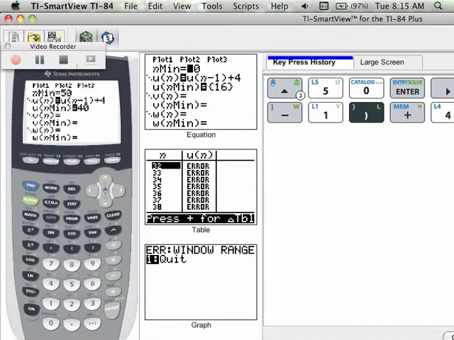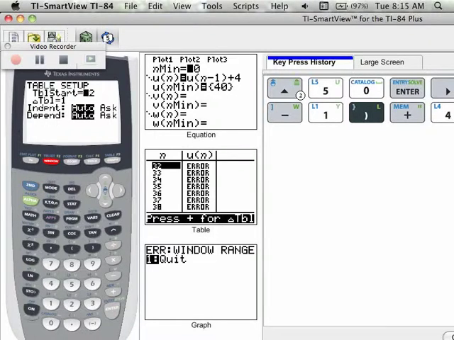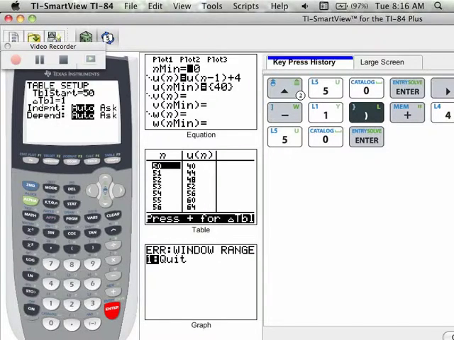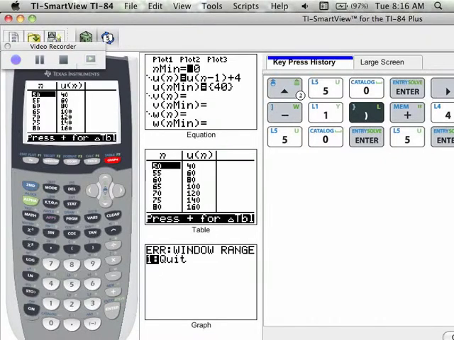That was the number of chirps. I could go into my table set. Instead of going up by 1, I could start at 50 and go up by 5s. So now if I look at my table, I will see the table that they gave me.